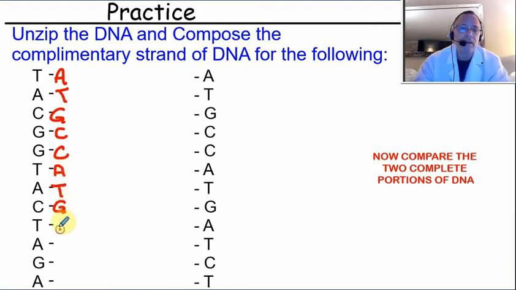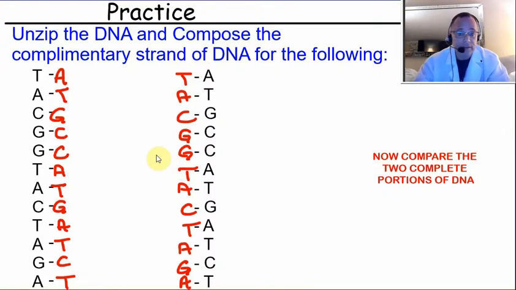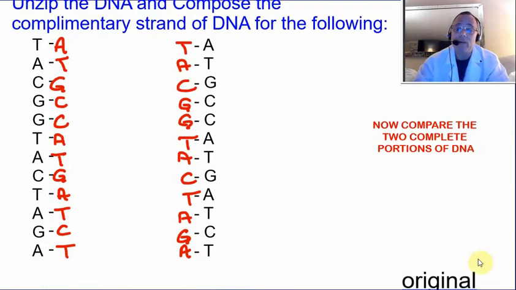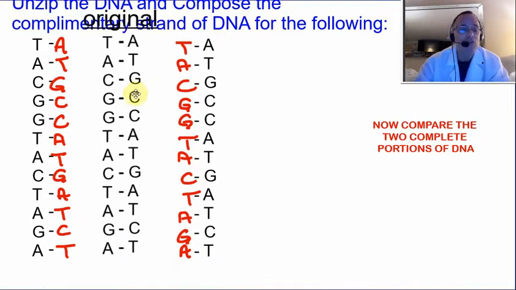T, G, A, T, C, T, T, A, C, G, G, T, A, C, T, A, G, and A. So if you compare these against each other, hopefully I did it correct, and you'll see that they are identical. And here's that original. Let me put it right in between, compare them both. They should be identical.